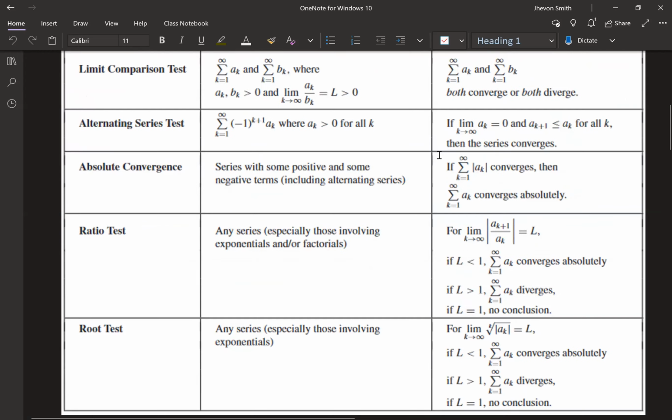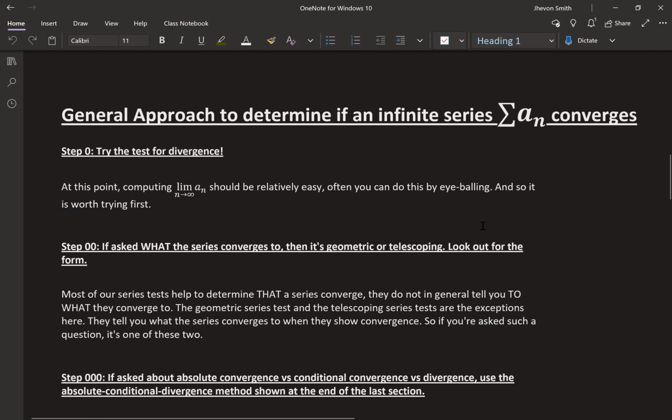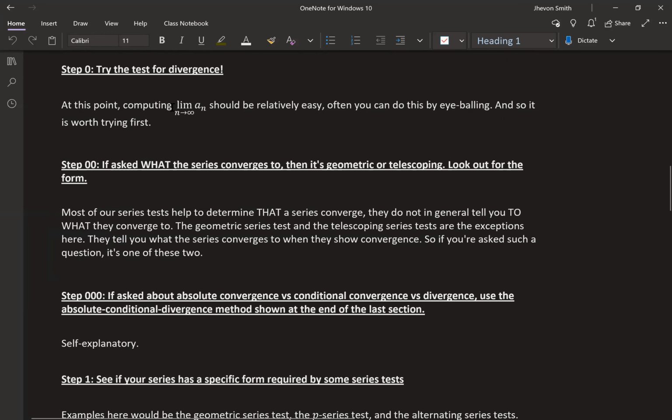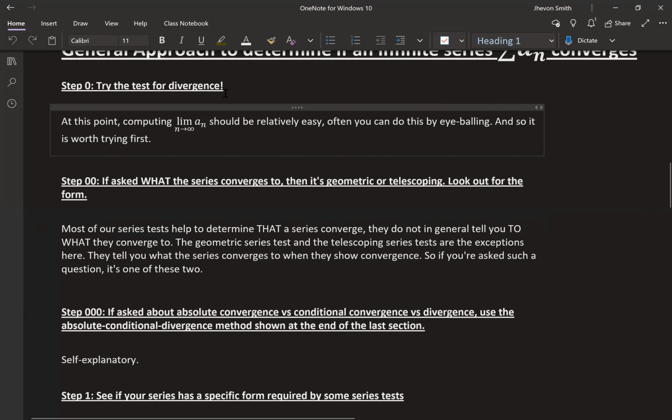I'll get to that. Essentially, there was a general approach to knowing whether or not they converge. Test for divergence, always high up on the priorities list. You should be able to eyeball most things that diverge. If the limit does not go to 0, that should be something you can quickly see right away. So we always try to apply the test for divergence right away.